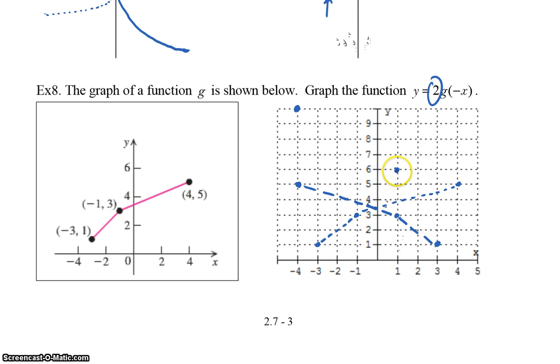Twice as far from the x-axis. The point at 3, 1 will now be at 3, 2. So we're just doubling now the y coordinates from the graph we sketched in the previous step. And now again, connect these points with straight line segments to complete the graph.